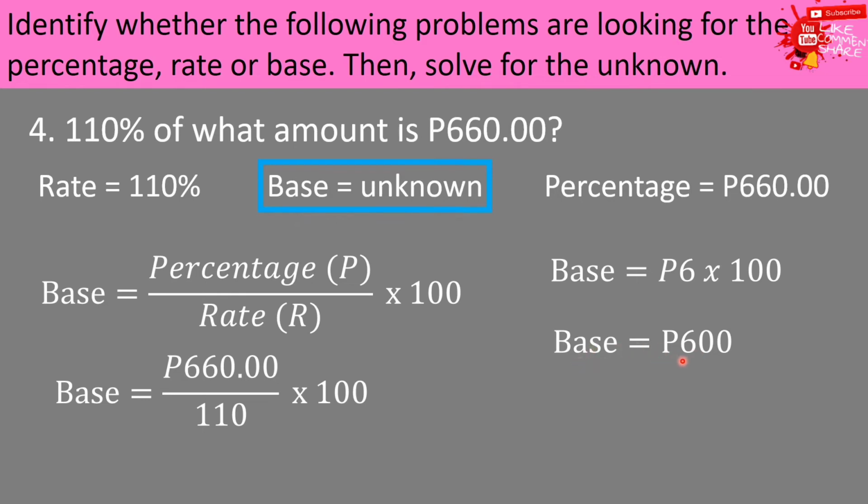So, take note na mas mababa yung base sa ating percentage. Bakit? Kasi, yung ating rate is more than 100%, so 110 to. Kaya, lalabas na mas mababa yung base kesa sa percentage. So, yun yung ating checking. Pagka ang rate natin ay mababa sa 100%, ang base natin ay mas malaki kesa sa percentage.